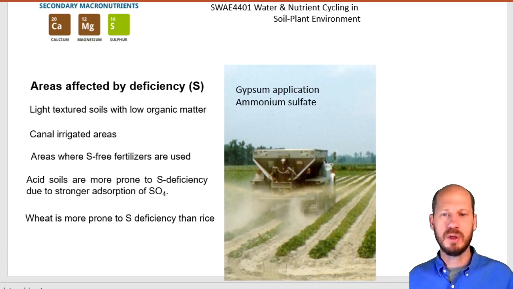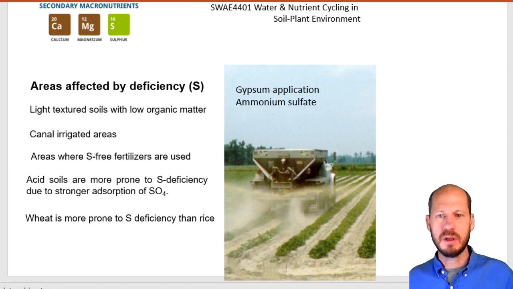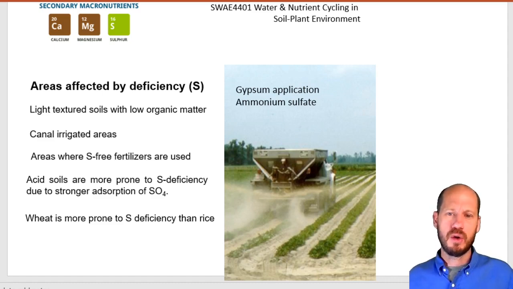Traditional date palms in Oman, although they are constantly flood irrigated and sometimes have high leaching of the soils, usually receive a lot of manure, which is a good supply of sulfur. This is why you don't see sulfur deficiency very often.